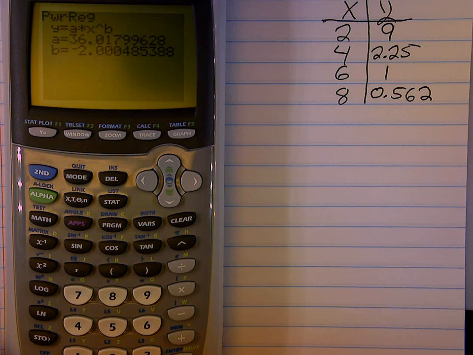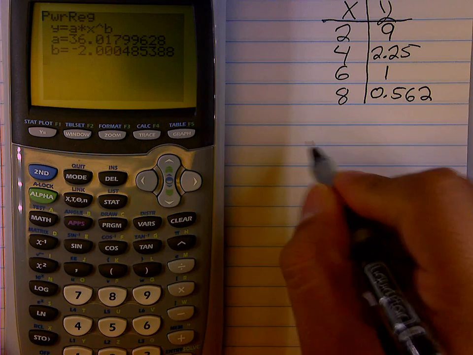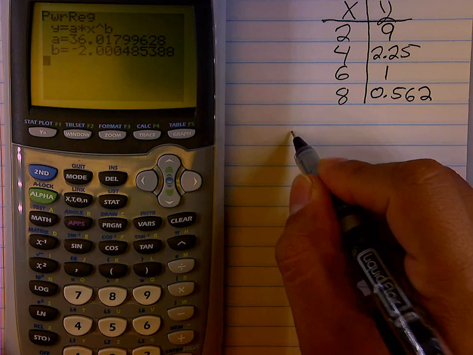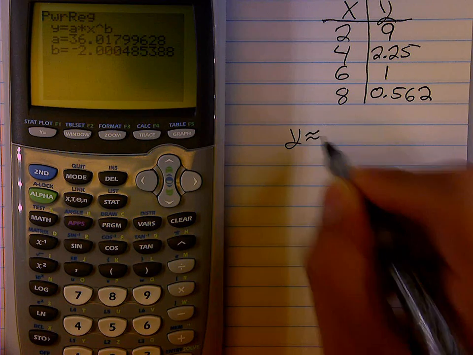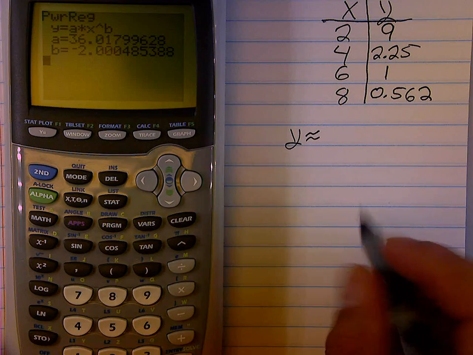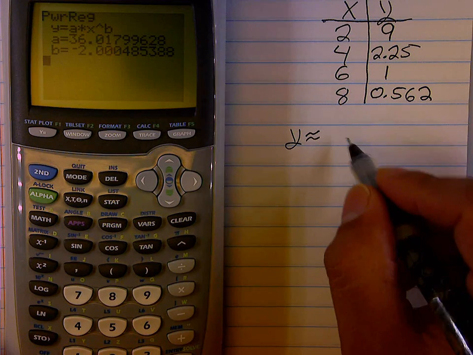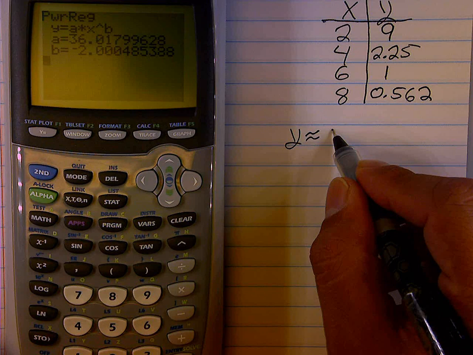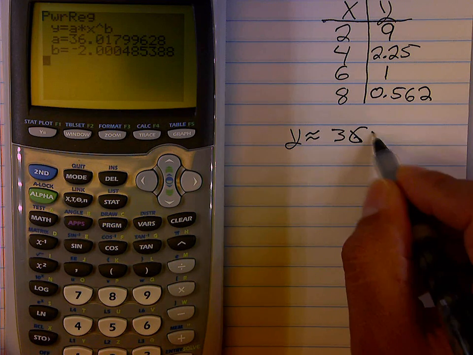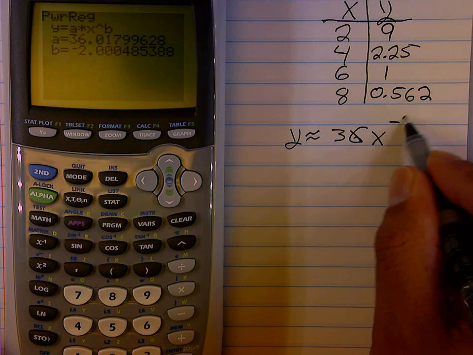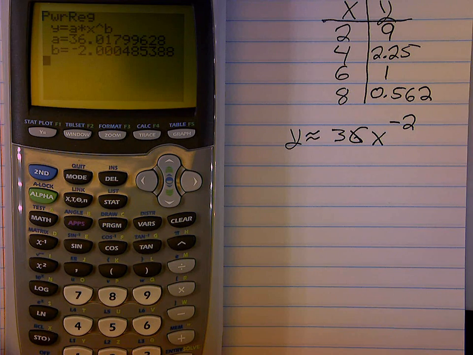Now, I'm going to write this formula down, and I'm also going to teach you a new and unique shortcut for this. So here we go. Y is approximately, I'm just going to round to the whole numbers, 36x to the negative 2.